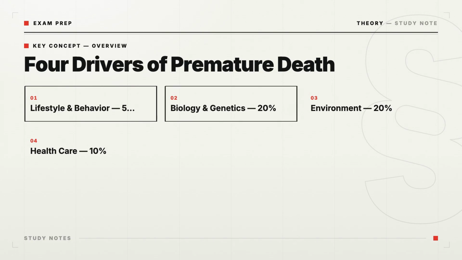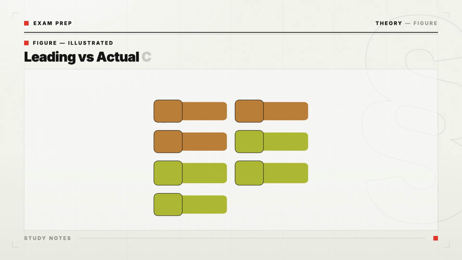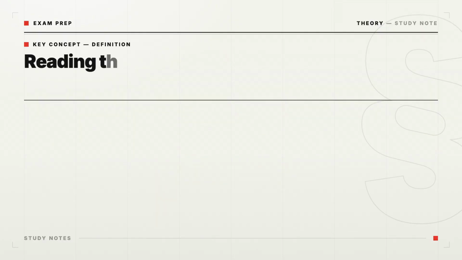Biology and genetics contribute about 20%, environment another 20%, and healthcare and medical services only about 10%. Death certificates record diagnoses like heart disease, cancer, and stroke, but those describe the mechanism of death, not its cause. Behind those diagnoses, the actual causes turn out to be tobacco use, poor diet, inactivity, and alcohol.